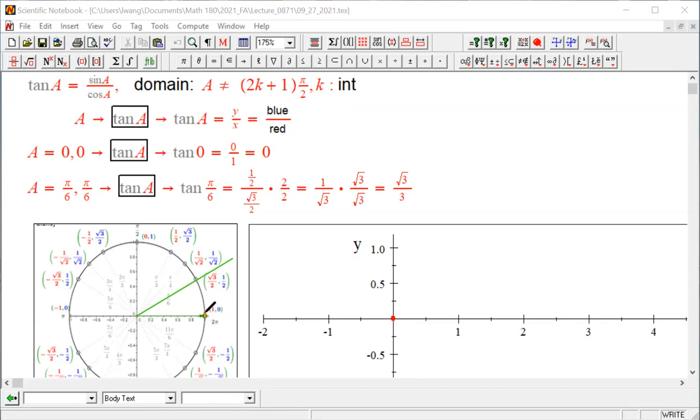Let me do it one more time. The arc length, pi over 6, I'm going to stretch it straight. Approximately here. That's the input. And these two orange segments are of the same length.